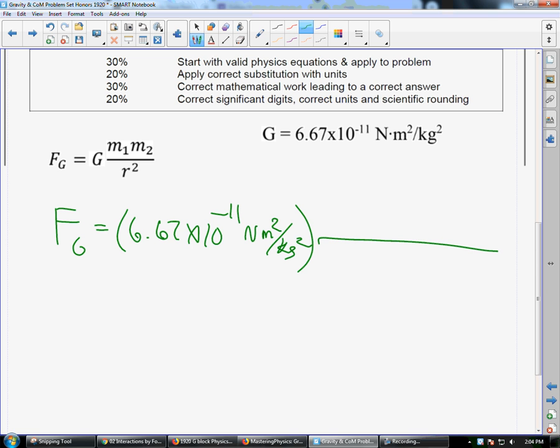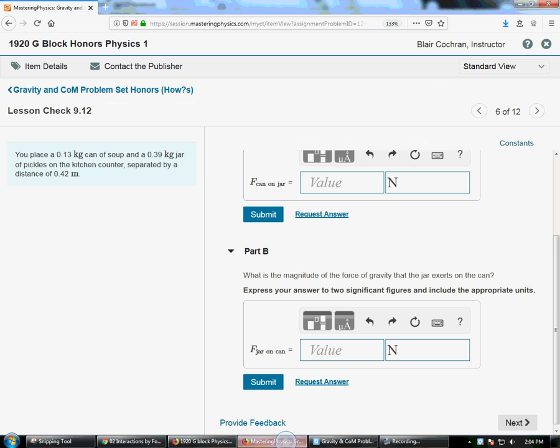Since big G is in newtons, meters, and kilograms, I want to make sure that my masses are in kilograms and my separation between the centers is in meters, so my units work out. My masses are 0.13 kilograms and 0.39 kilograms. So good, those are all set.